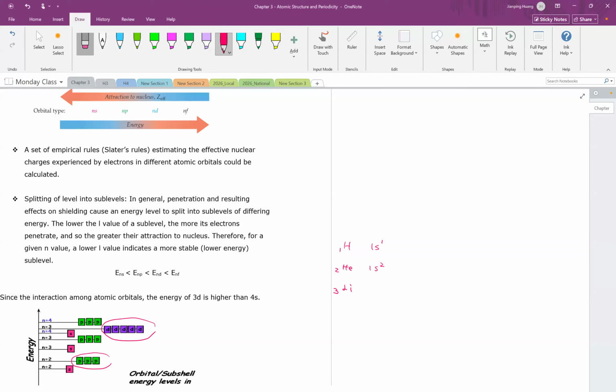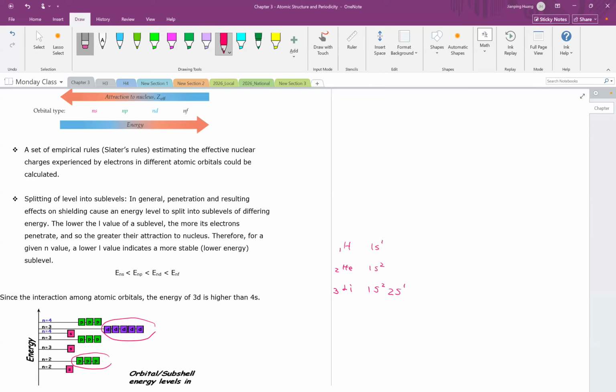How can you do that? 1s3? No, that should be 1s2, because 1s only has one orbital and can only hold 2 electrons. Now next one, you go to 2s, but totally 3. The third one is put here. Any question?